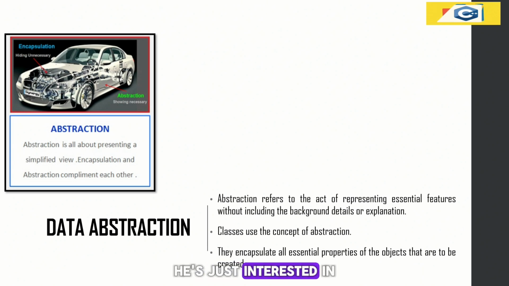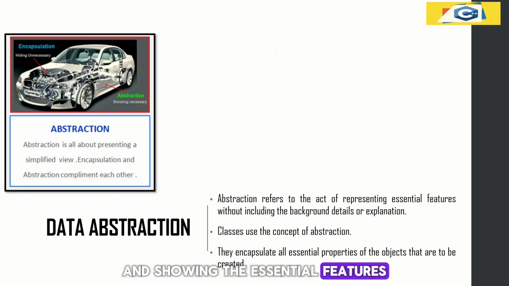He is just interested in the UI. He is not interested in knowing which program or which technology is being used for developing this application. So data abstraction is, we are hiding the background details and showing the essential features.